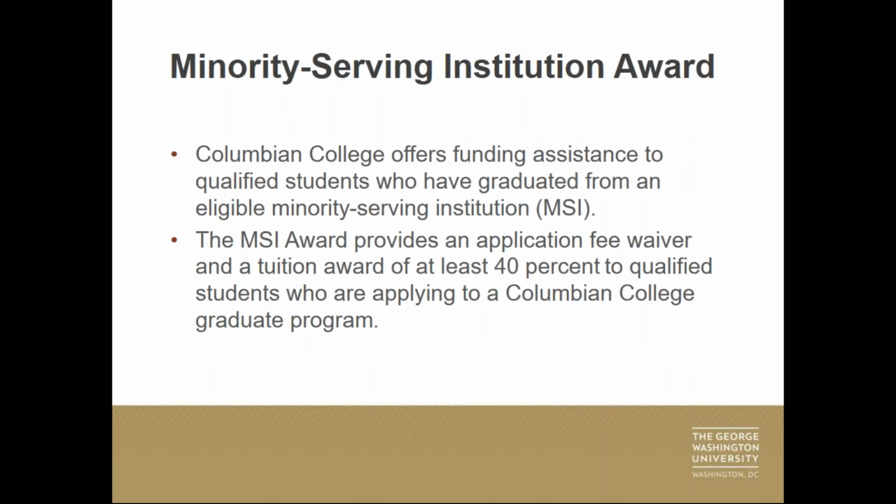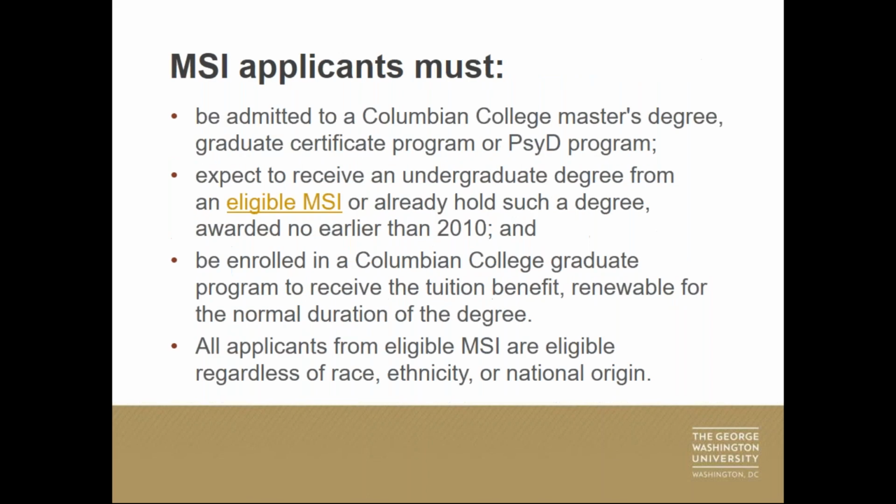We do have a couple of awards that are specific for certain institutions. One is a Minority Serving Institution Award. It gives an application fee waiver and a tuition award of at least 40% to qualified students. To be eligible for it, you have to be admitted to the master's program here and be going to receive your undergraduate degree from an eligible MSI at a certain time.